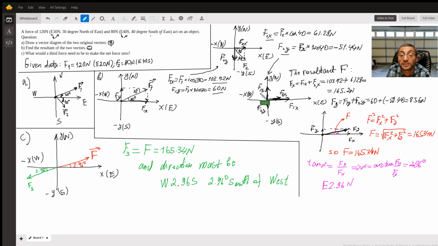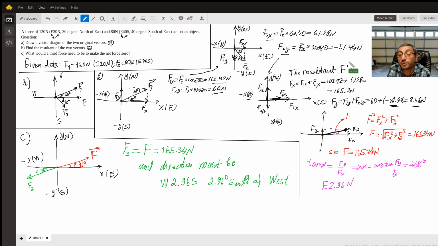If we draw here, you can see this one is F1x, this is F2x, and they have exactly the same direction. However, F1y and F2y have opposite directions. That's why here we have a negative sign, so it will be a smaller force.